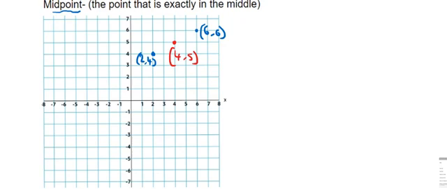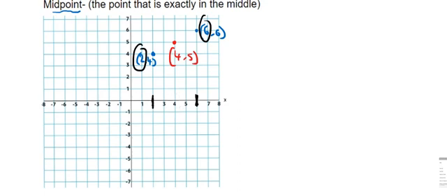So if you look at what's happening here, what I want you to focus on is the two x coordinates. So the first x coordinate is 2 and the second x coordinate is 6. What we're actually finding is what's exactly in the middle of the x coordinates, and that then is 4.